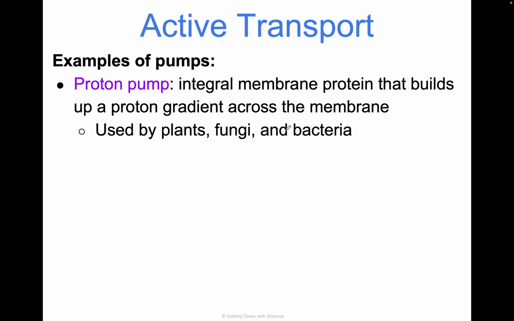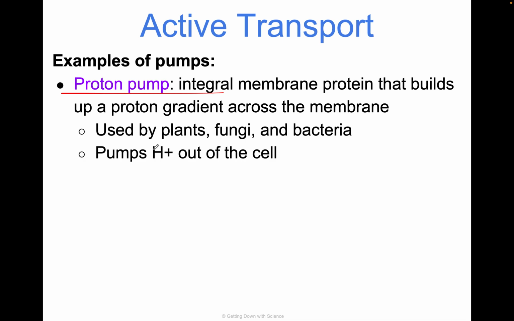Examples of pumps. Protein pumps. Proton pumps. Proton pumps are huge when we're going to be talking about cellular respiration and photosynthesis. A proton pump is a membrane protein that builds up a proton gradient across the membrane.